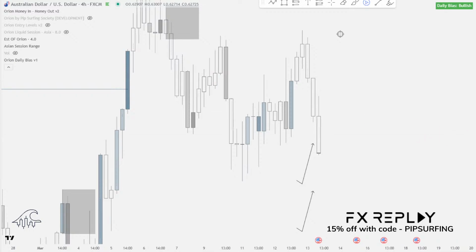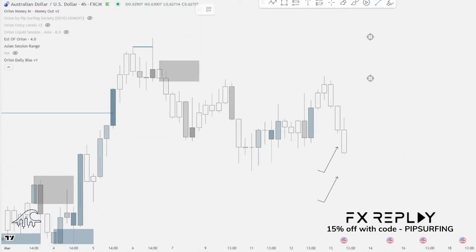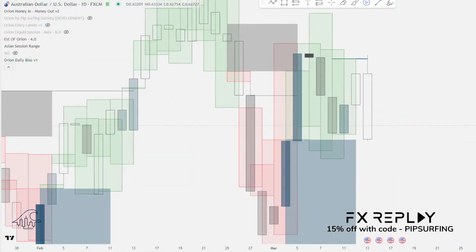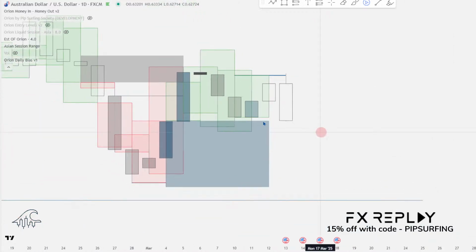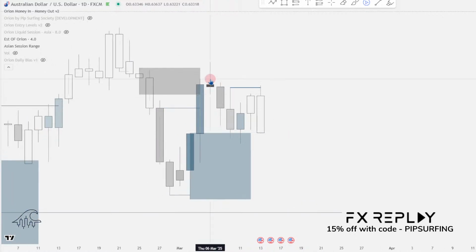Now, there is something that we will take note of, which is something important that you should also take note of, and that is where this is selling away from. Notice how it's selling away from this 4-hour high, which is also on a daily. On a daily, one of the higher volume areas where we've started to sell away from.